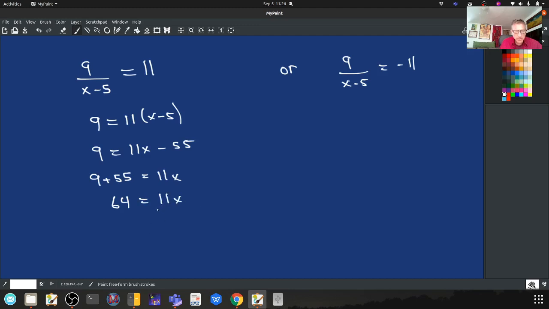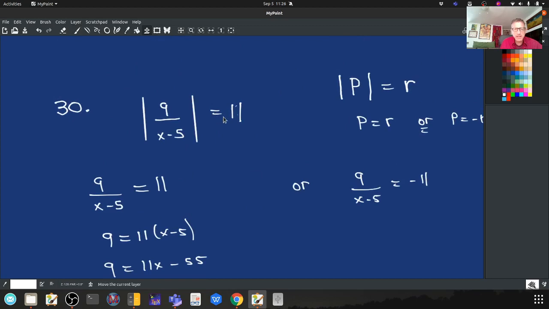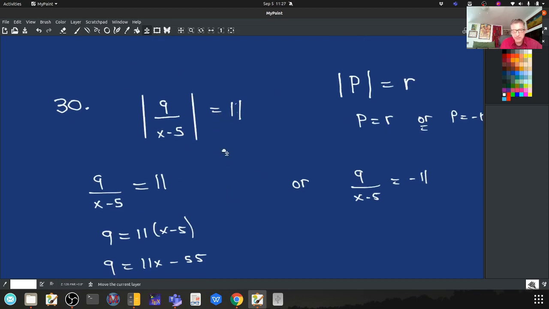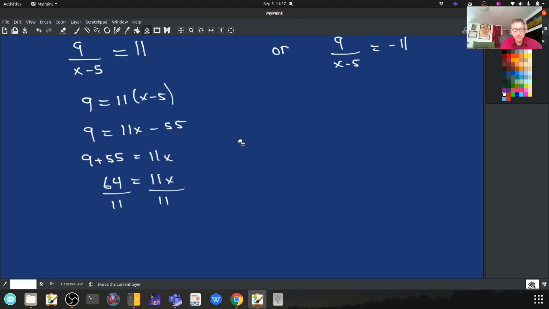So then we're going to divide both sides through by 11. Remember, this is an equality. One thing to think about here is this is not an inequality, this is an equality. This is an equation. There's a difference. So the final step here is that 64 divided by 11 is equal to x.